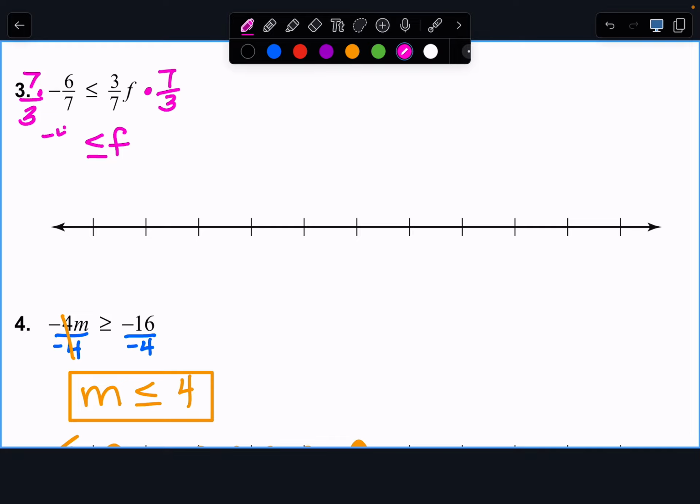So -42 divided by 21. Now, those of you who like to have the variable on the left, we can rewrite it so that the two sides change places, and we need to make sure that our inequality sign is still staying open the correct way.